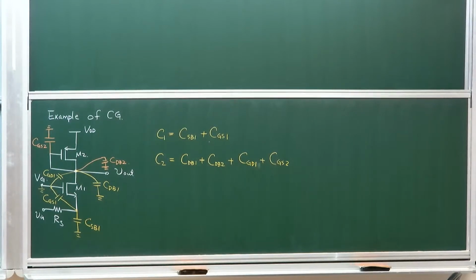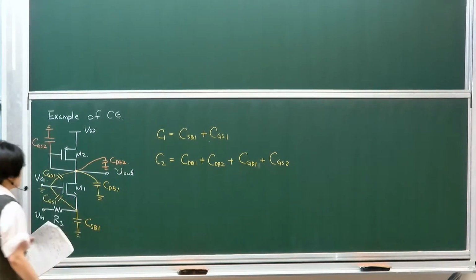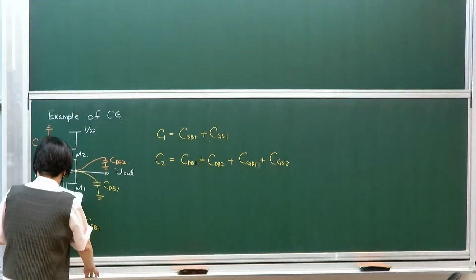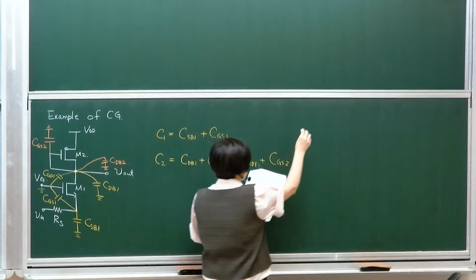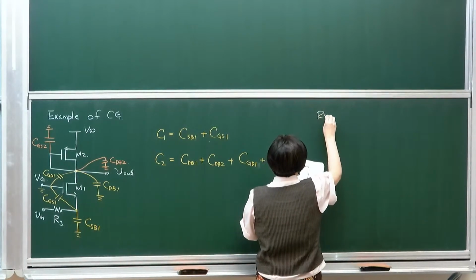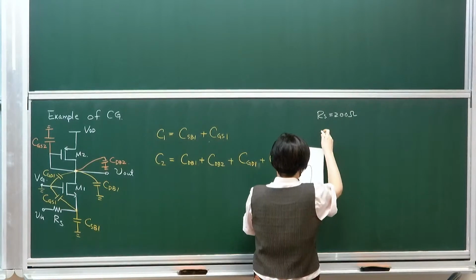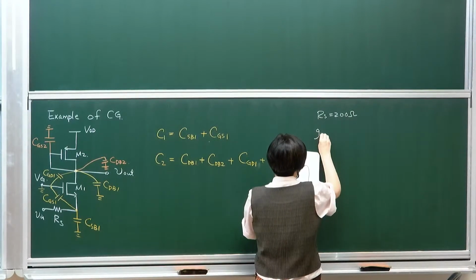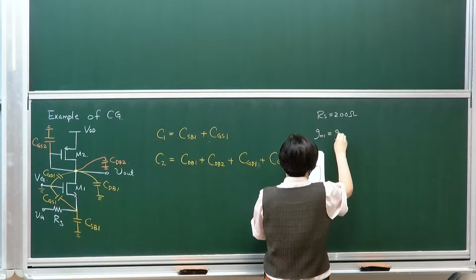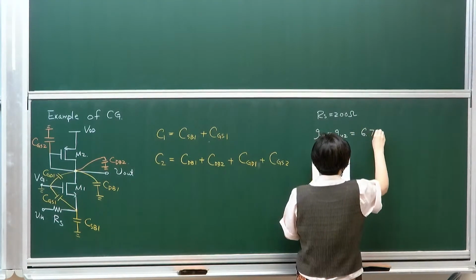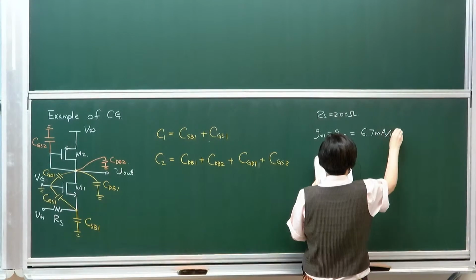Okay? So once you have these, let me give some numbers so you get a sense of the typical values. If I give you some numbers, you should be able to calculate the poles, omega p1, omega p2. So let me give parameters. RS, let's say it's 200 ohm. And our diode-connected load with gm1 equals gm2 equals 6.7 milliamp per volt.